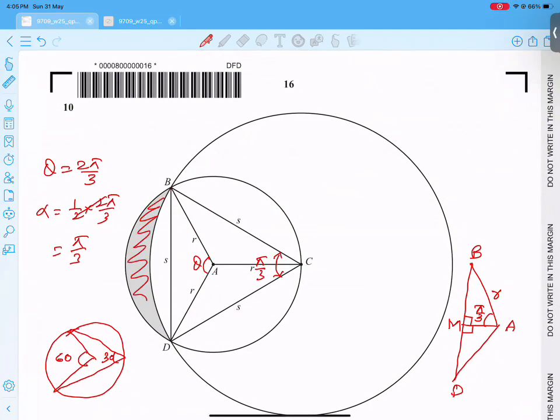This is my target to achieve. This is called the segment area, I call this S, and the segment is what remains after the triangle area is removed. So first of all, I find the sector area and subtract the triangle area, and sector area minus triangle area gives the segment area.